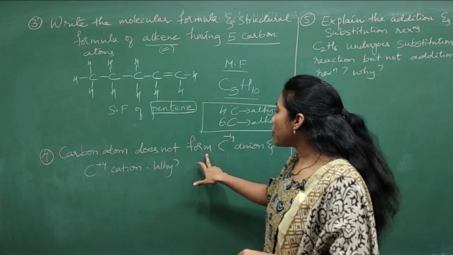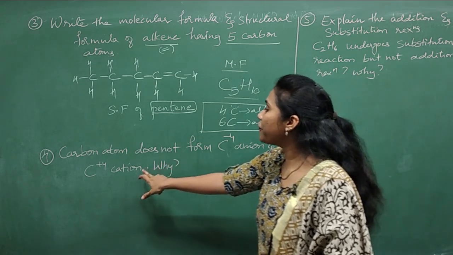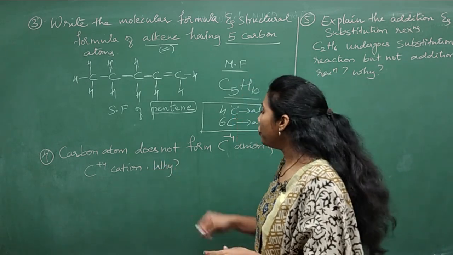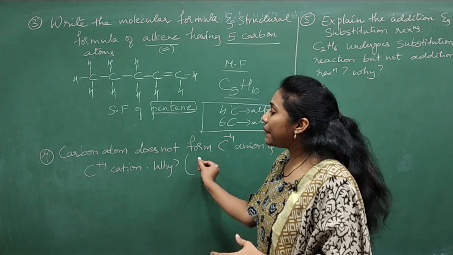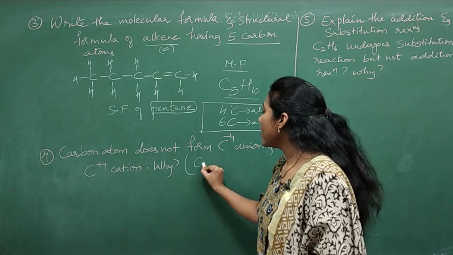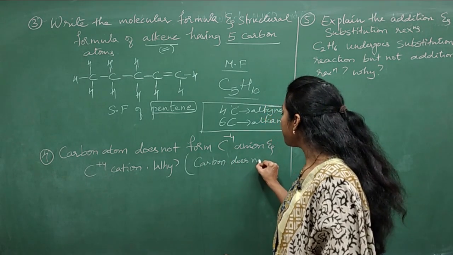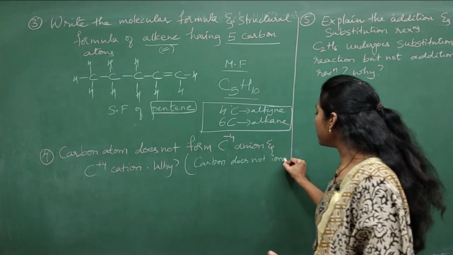Carbon atom does not form C-4 anion and C+4 cation. Why? You know, the same question can be asked in another way. They can also ask the question as: carbon does not form ionic compounds.